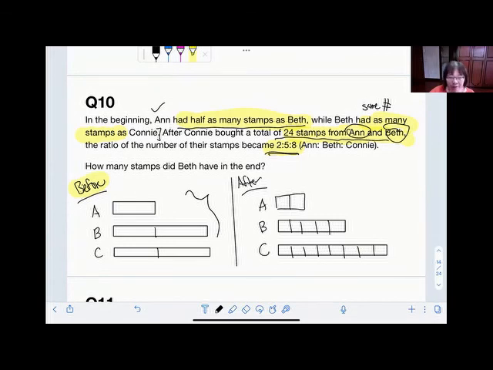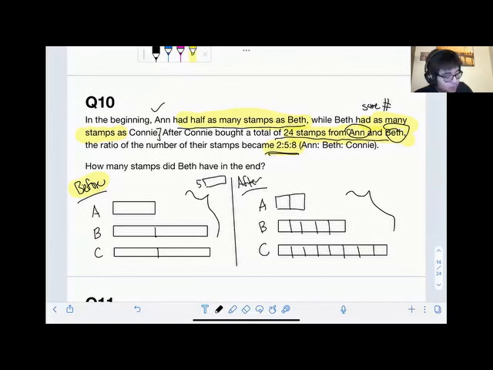4. Yes, no? So 5 na malaking box. 5 big boxes. Dito naman sa after, ilang maliliit na box yung total stamps ni Ann, Beth at Connie? Yes, no? 15 small boxes. So paano po yung paghati natin dito sa before?